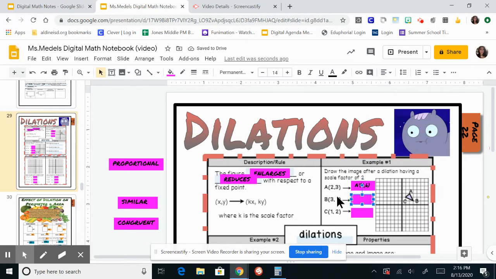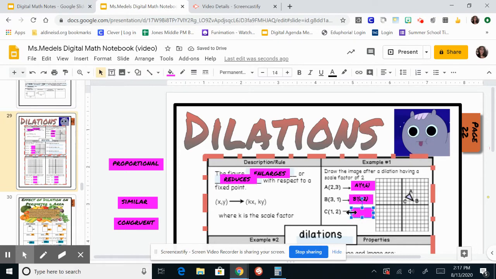Now, from B to get to my B prime, I'm going to do the same thing. I'm going to multiply by that scale factor, which is 2. So 3 times 2 is 6, and 1 times 2 is 2. So that is my new point for B prime. Okay, so C is (1, 2).